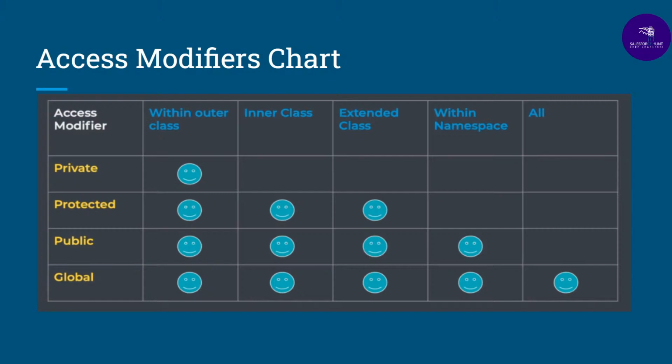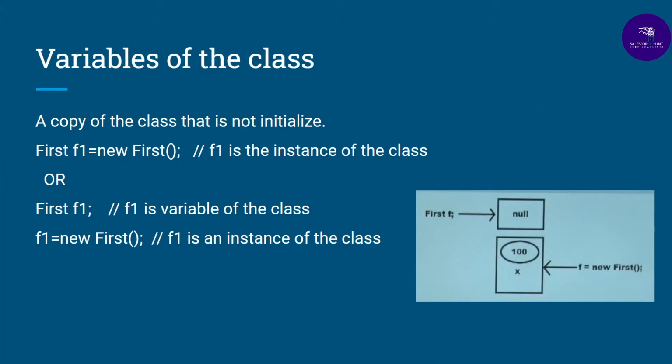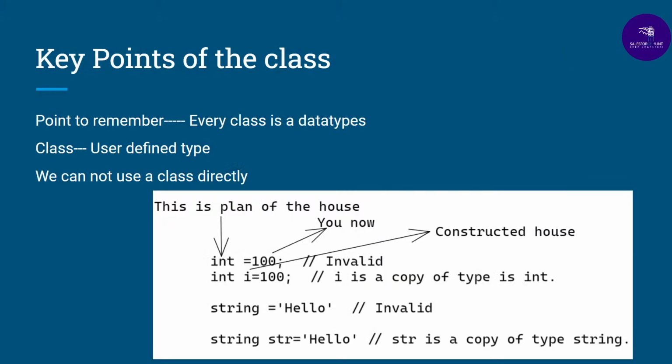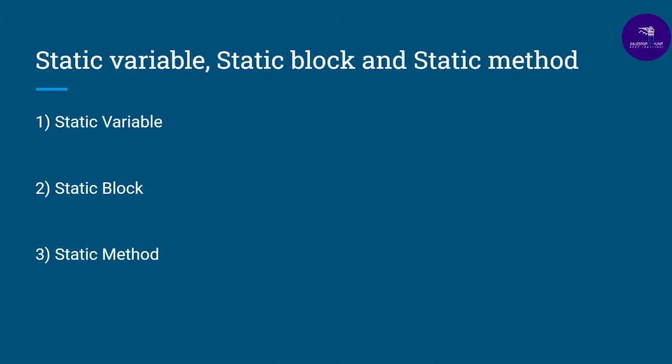So that is the meaning of access modifiers in this demo. Okay, so guys, let me recap that session here. We have already learned this: key points of the class, variables of the class, instances of the class, references of the class, static variable, static block, and static method.